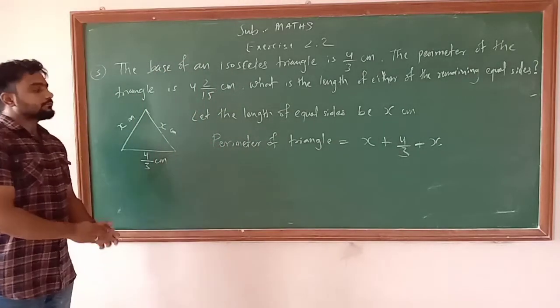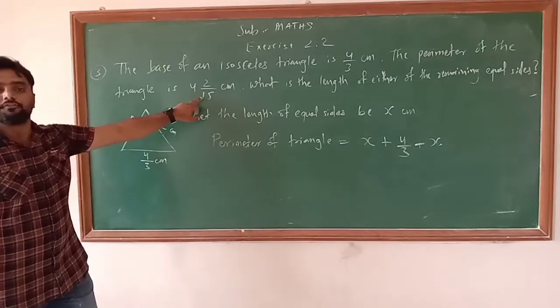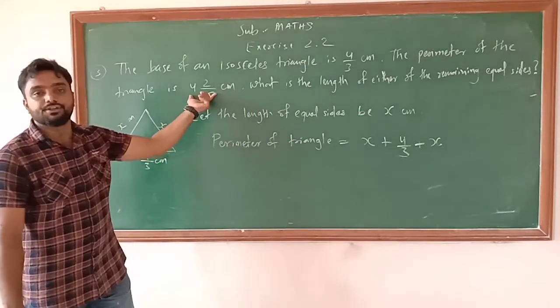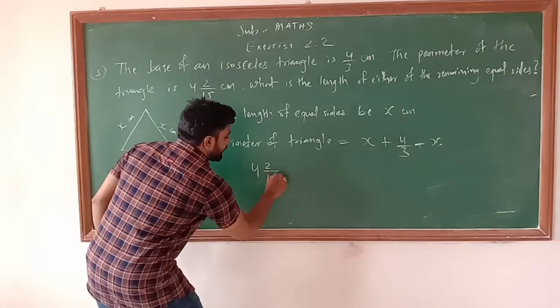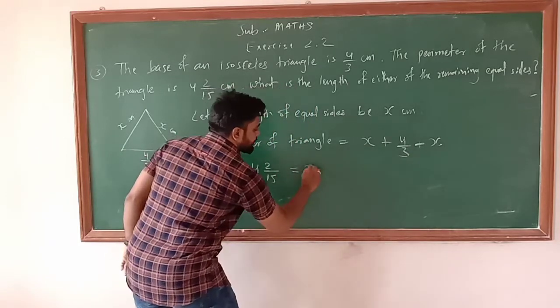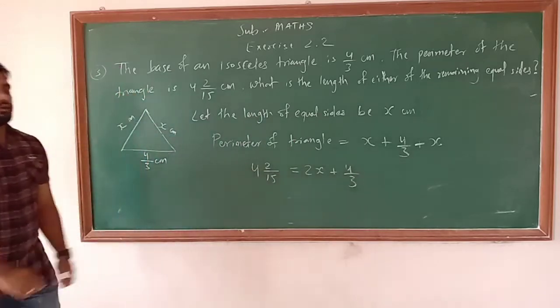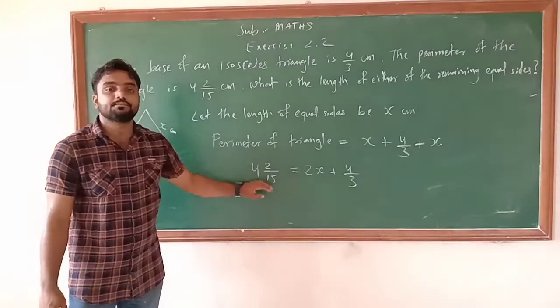Okay, now as it is given to you, the perimeter is 4 integer 2/15. So here I am putting 4 integer 2/15 is equal to, now x plus x, that will give 2x plus 4/3. Okay, now furthermore I will simplify this mixed fraction.